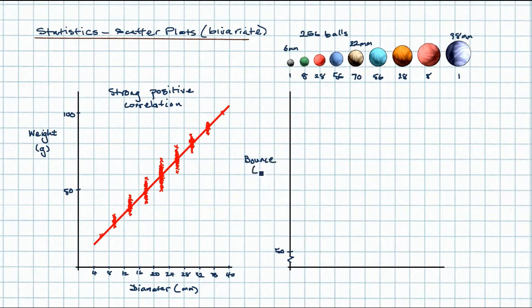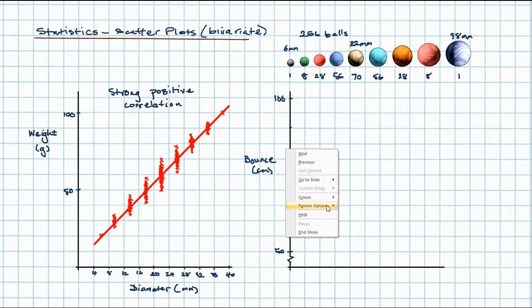So bounce in centimeters, let's say these are really bouncy balls. Now how high do they get? Let's go up in 10s. So 60, 70, 80. There we go. I can see that. So 100 would be here. So this would be 100 centimeter bounce. Okay, let's draw that a bit neater.